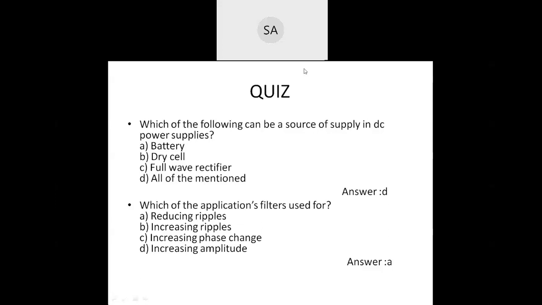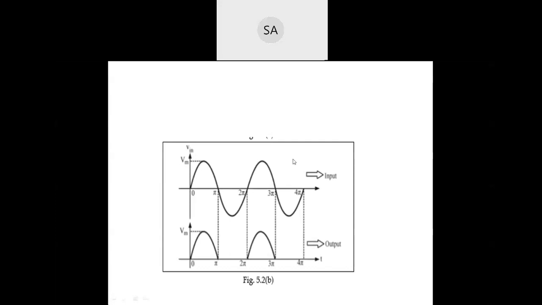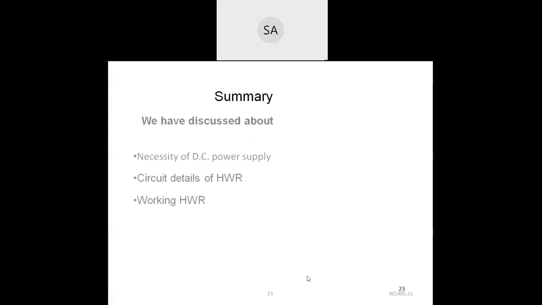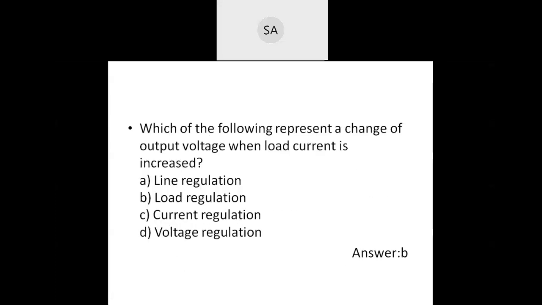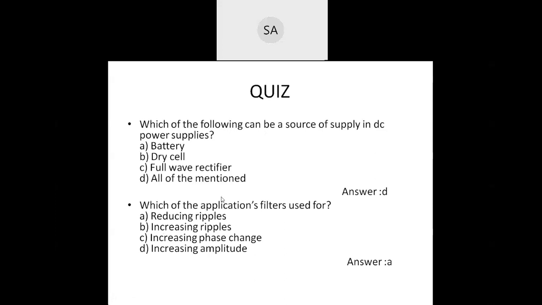After the output of rectifiers, we have a pulsating DC, which we call ripples. In the waveform we showed like this, this type of waveform we call ripples. These ripples can be smoothened by using filters. So the option is reducing the ripples.